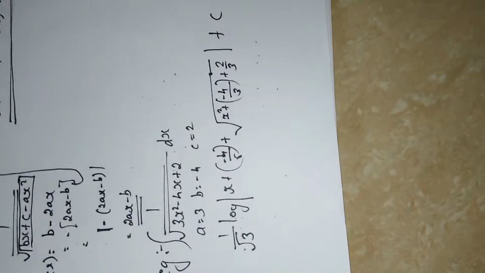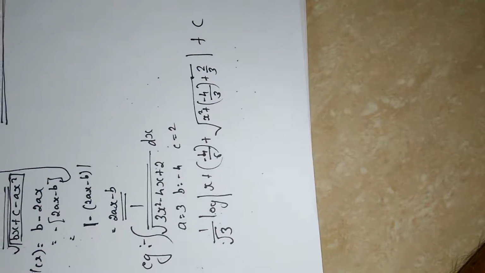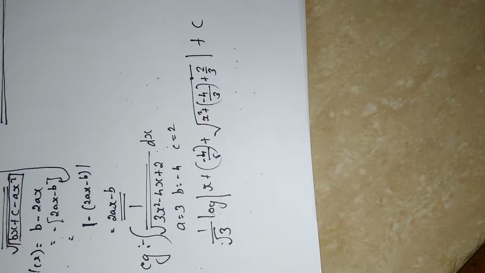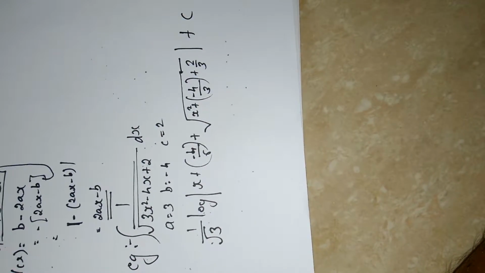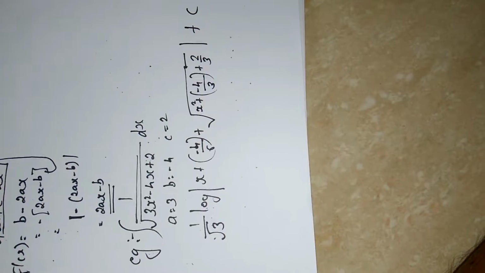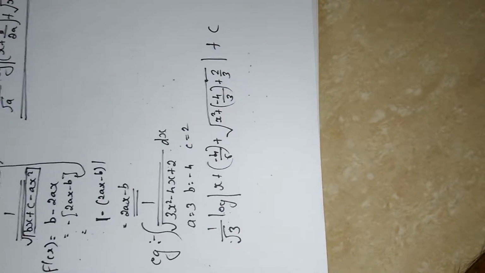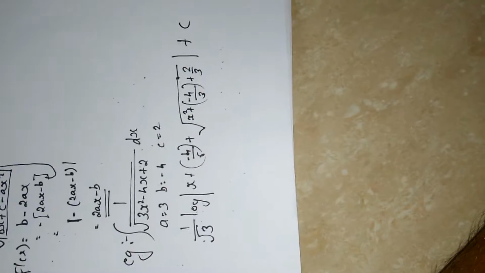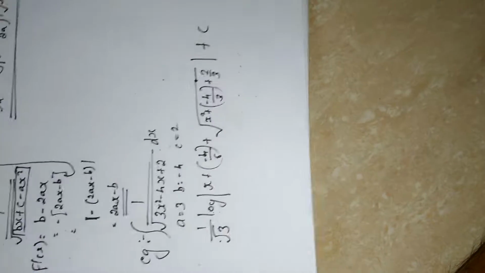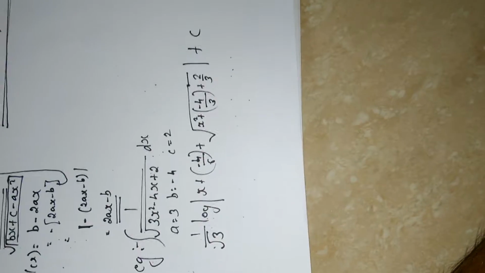So guys, just in one step you got this answer. Otherwise this would consume your time. You would solve this sum for about 3 to 5 minutes, but I am solving this type of sum within 2 or 3 seconds. So guys, this is very useful. Please try to remember this.